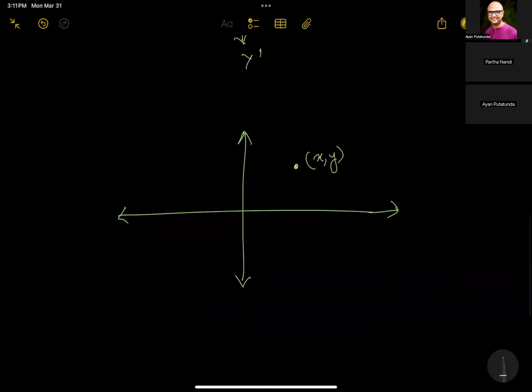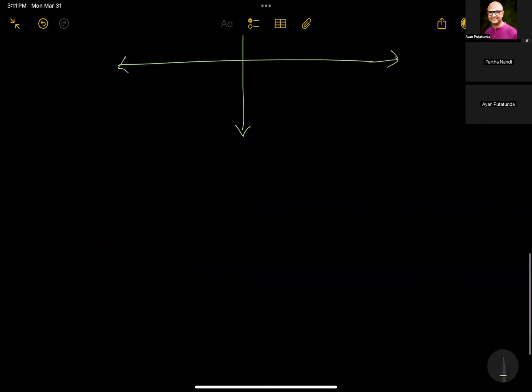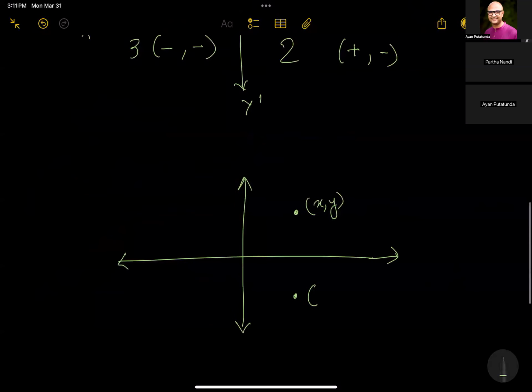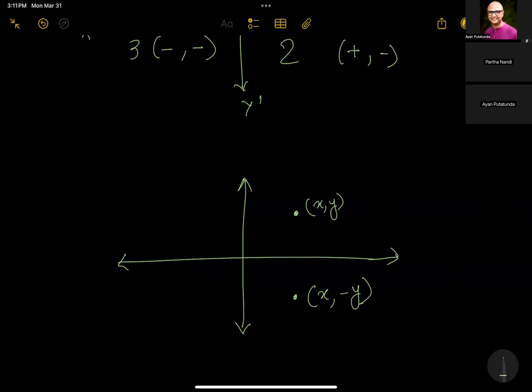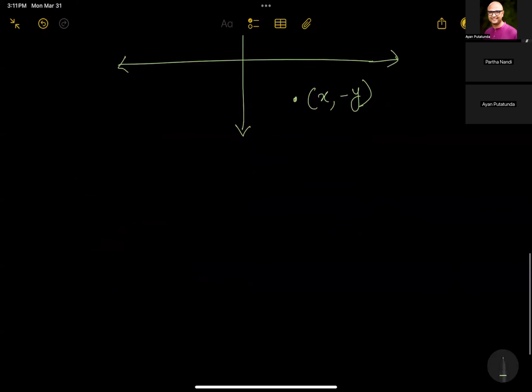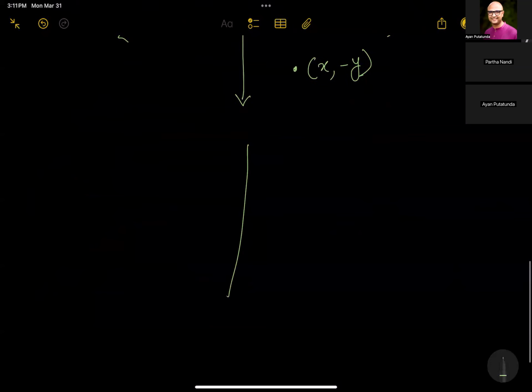Similarly, if I have a point here, it will have x and negative y. Similarly, minus x minus y, and minus x plus y.